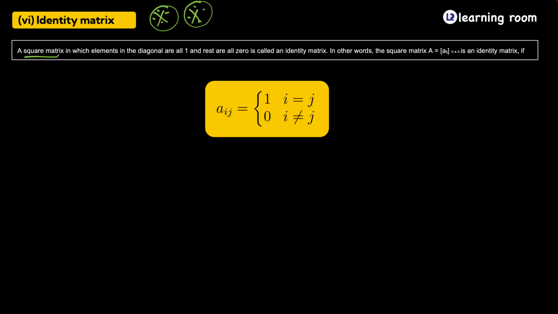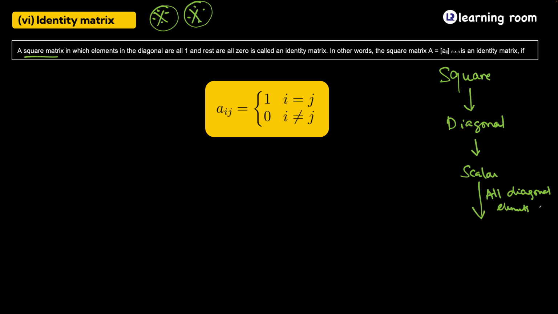So if you come in the order again, what has happened? From square, we took diagonal, and from diagonal, we took scalar, and from scalar, the special case where all diagonal elements are 1, you call this the identity matrix.